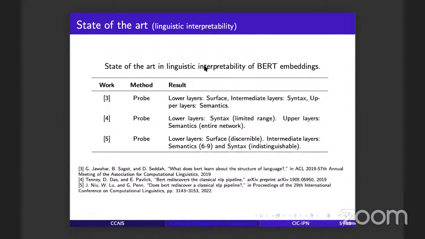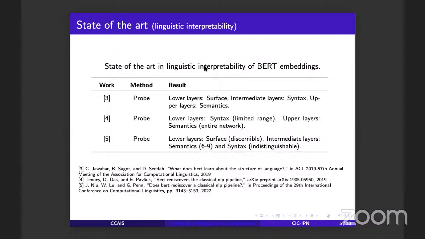This is the state of the art for interpretability of BERT embeddings. You can see, for example, in reference number 3, the author mentioned that the lower layers abstract surface aspects of language, like sentence length, and intermediate layers abstract syntax and upper layers semantics.